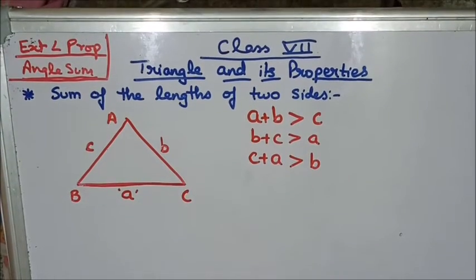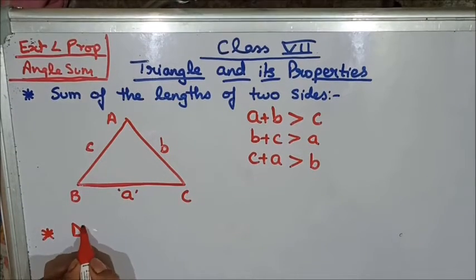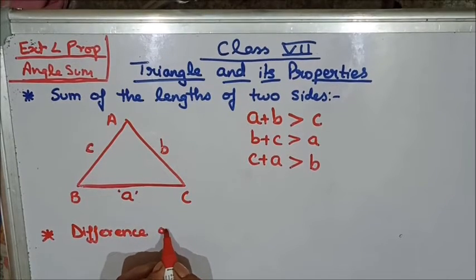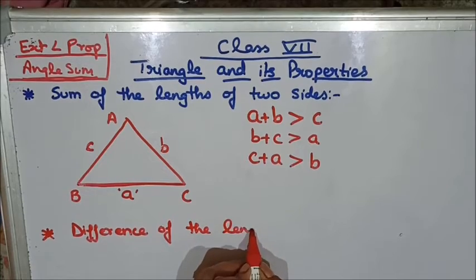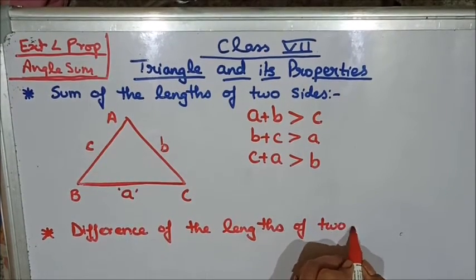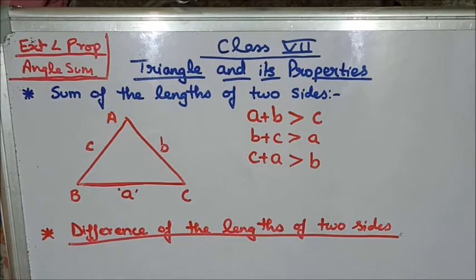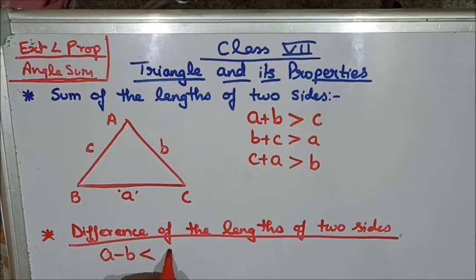Then there is one more property, of the differences. Okay, this is the sum. Now the difference of the lengths of two sides: the difference of any two sides is always less than the third side.